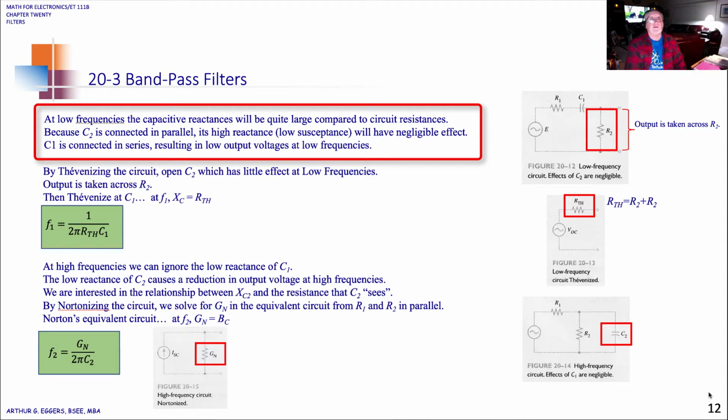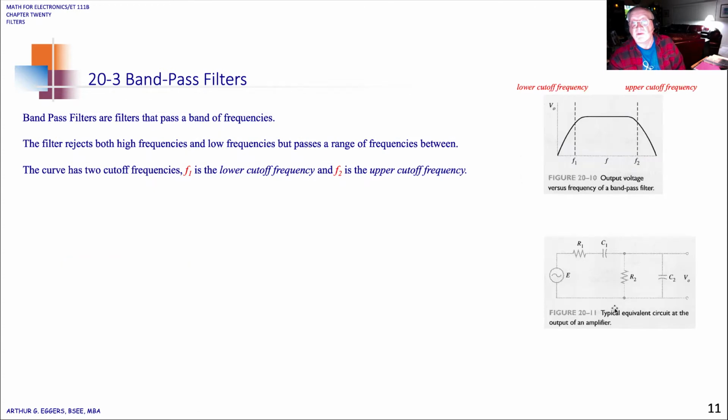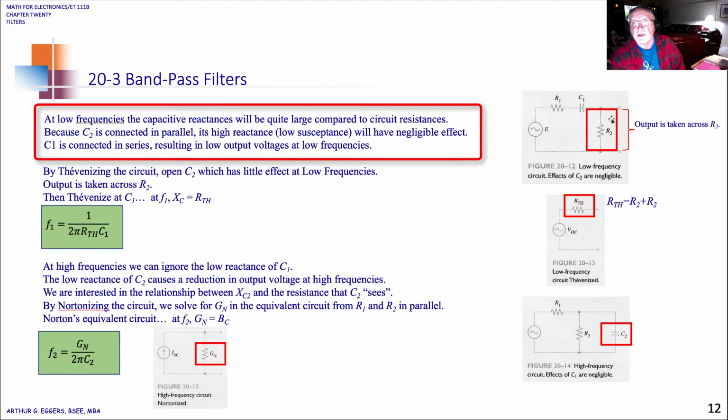So at low frequencies, the capacitive reactances will be quite large compared to circuit resistances, because in this case C2 is connected in parallel, its high reactance, or low susceptance, will have a negligible effect. If you look back over here, there is C2. You can see it's hanging on the output of the circuit. We've already simplified it here by removing C2.